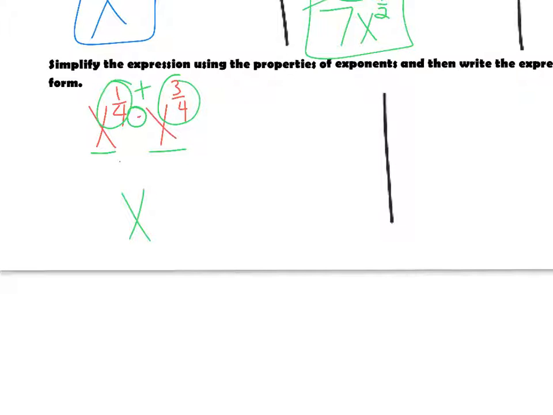So this is going to be x to the, when you take 1/4 plus 3/4, I'm adding fractions. They already have a common denominator, so if I add the numerators, I get 4. Keep the denominators, I get 4. And this is another case where if you have an exponent that you can simplify, you want to go ahead and simplify. So 4 over 4 gives me x to the first, or we'd normally just write that as an x.